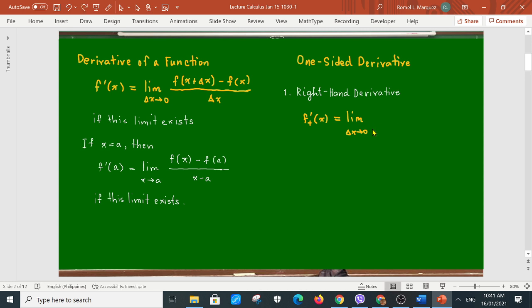Now, at a specific value of x, let's say the derivative from the right at a, we have the limit as x approaches a from the right of f of x minus f of a, over x minus a. Okay?